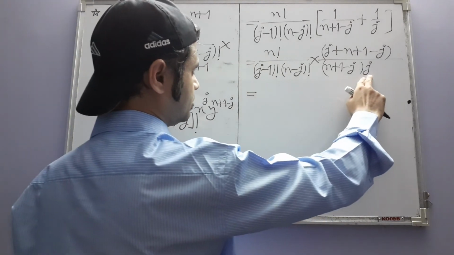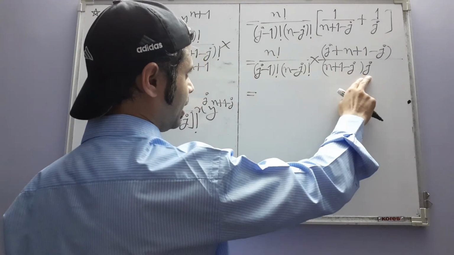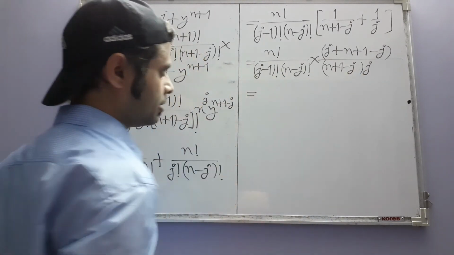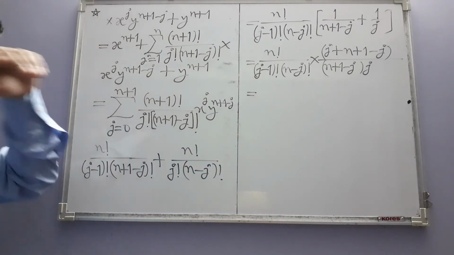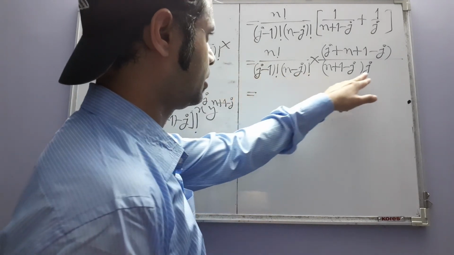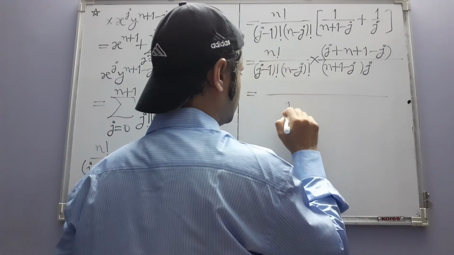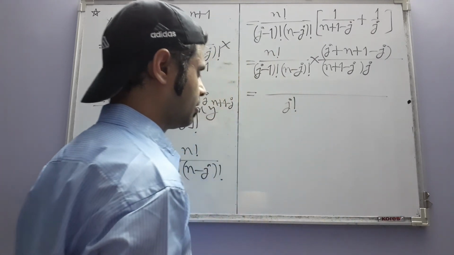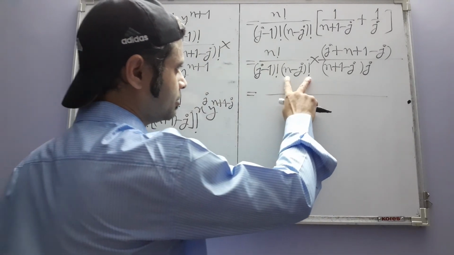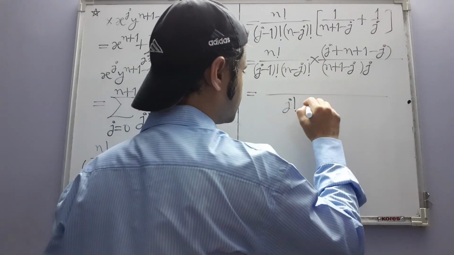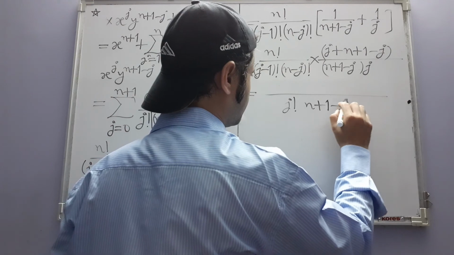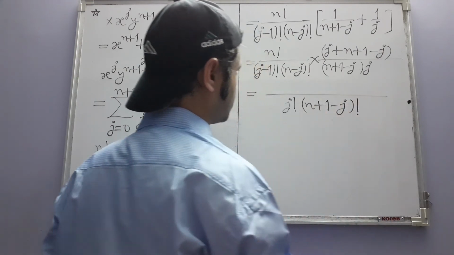We can take these things back to where they came from. We can multiply j minus 1 factorial with j. That will give us again j factorial in the denominator. Just like that, multiplying this thing and this thing gives us n plus 1 minus j factorial.